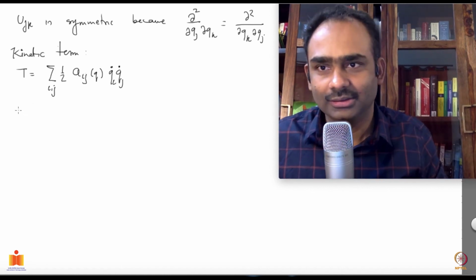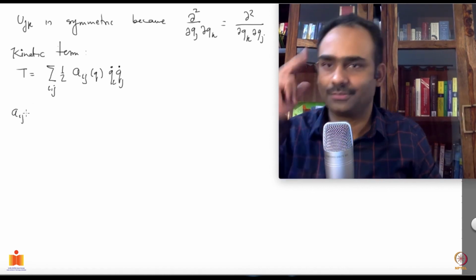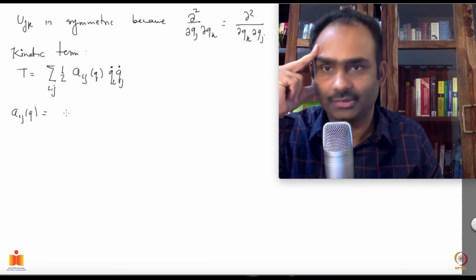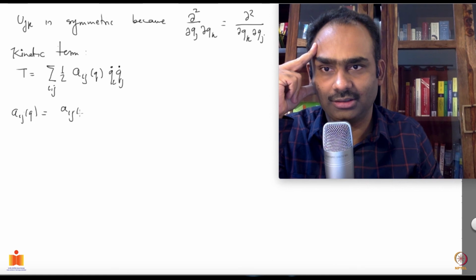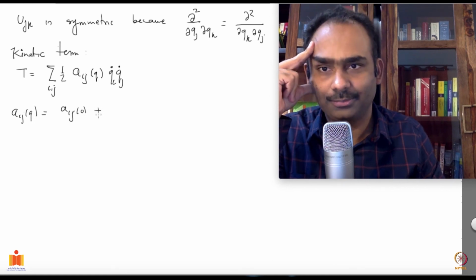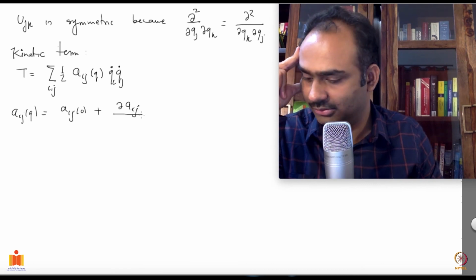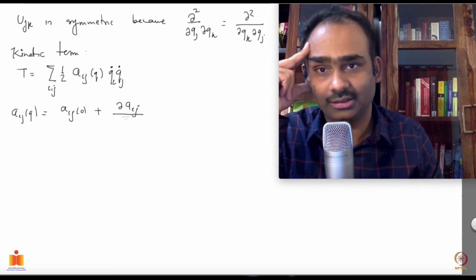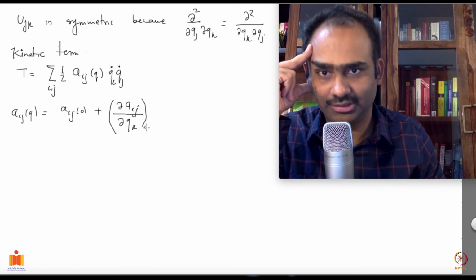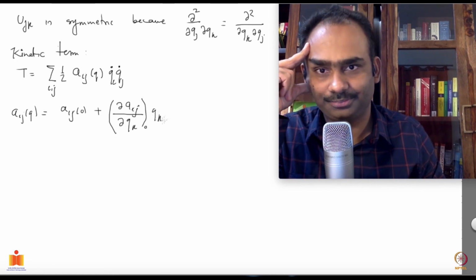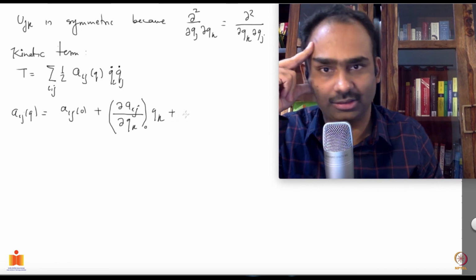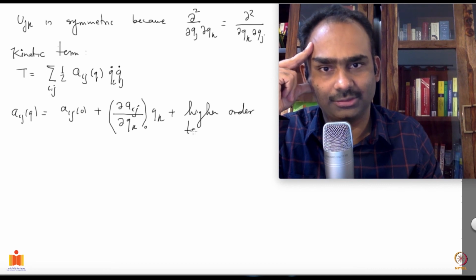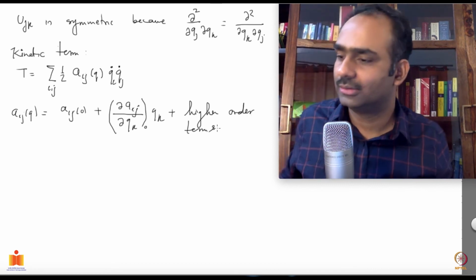So I write A_ij(Q) equals A_ij(0) plus the derivative of A_ij with respect to Q_k, evaluated at the origin, times Q_k, plus higher order terms. So all the terms will be there.